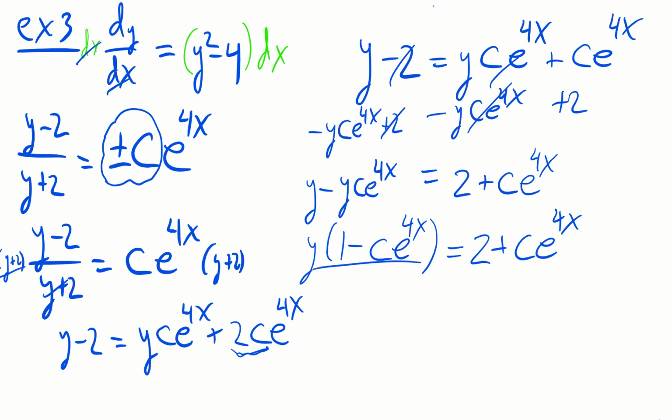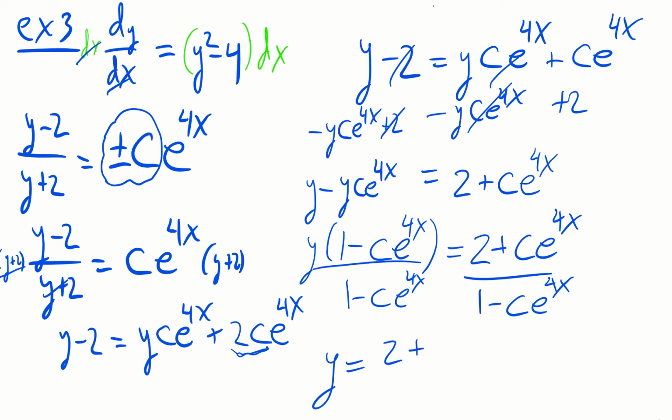And then we can go ahead and divide both sides by this. And so what we get is the following. We have y equals 2 plus c e to the 4x divided by 1 minus c e to the 4x.